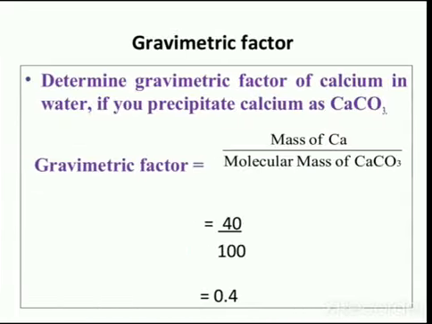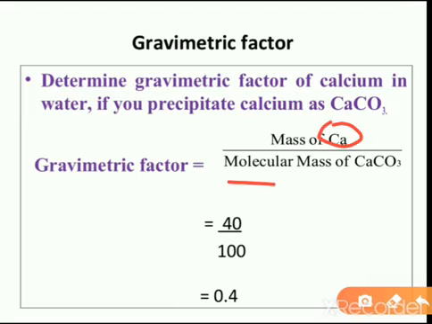Likewise, if we find the gravimetric factor for the determination of calcium in water, where we precipitate calcium as calcium carbonate, in the numerator comes the mass of the substance to be estimated, the calcium, and in the denominator the molecular mass of the substance which is precipitated in the analysis.